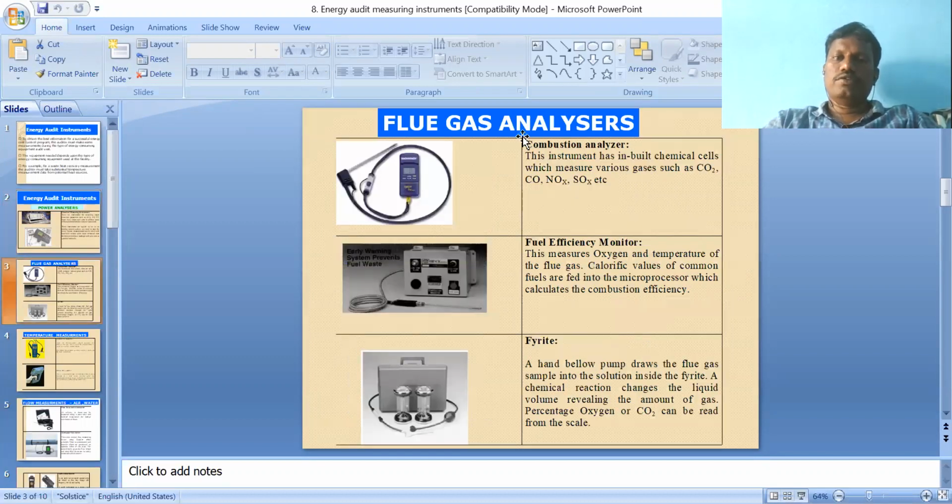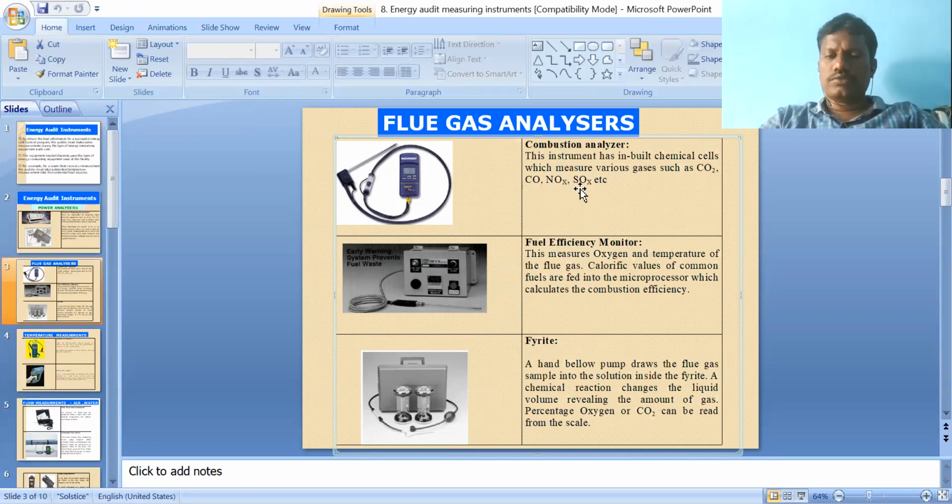Then flue gas analyzers, combustion analyzers, fuel efficiency monitor, and pyrometer. Combustion analyzers have inbuilt chemical cells which measure various gases such as carbon dioxide, carbon monoxide, NOx, and SOx.